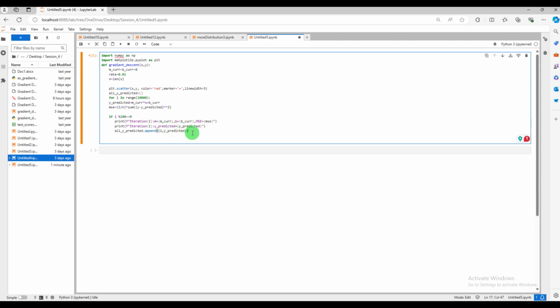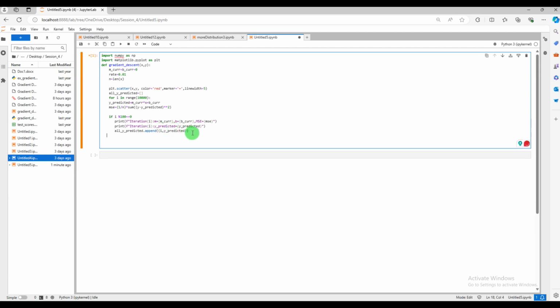Okay. Calculate the partial derivative of the MSE with respect to the slope, and also calculate the partial derivative of the MSE with respect to intercept, and update the slope by subtracting the product of the learning rate and the partial derivative, and also update the intercept by subtracting the product of the learning rate and the partial derivative.